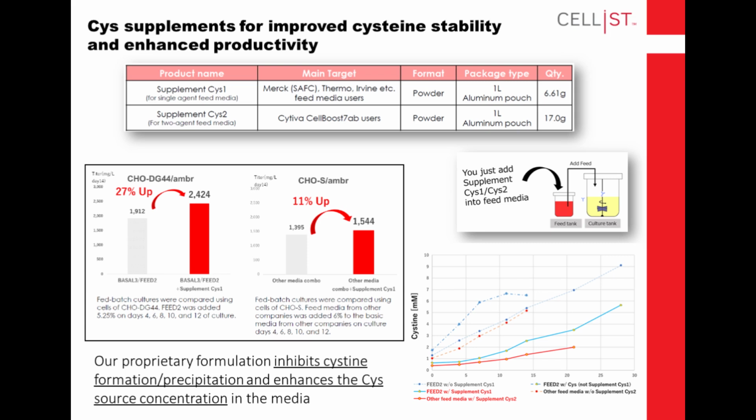Lower levels of cysteine are better, because cysteine being oxidized to cystine means there's less availability of cysteine to the CHO cells. The red and blue lines there show you the lower level of cystine that happens because of the addition of this supplement to the feed medium.